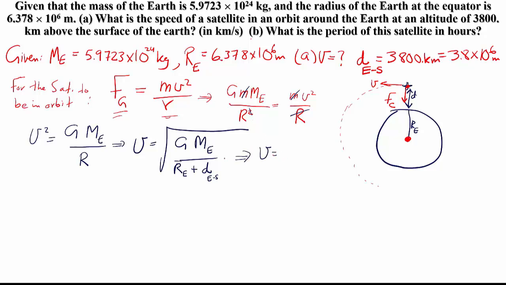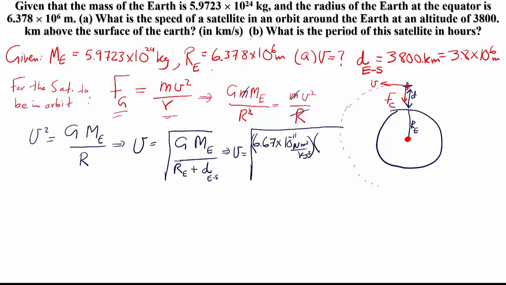So now we go ahead and plug the values. Now G is given to you in the formula sheet. It's 6.67 times 10 to the negative 11 newton meter square over kilogram square.